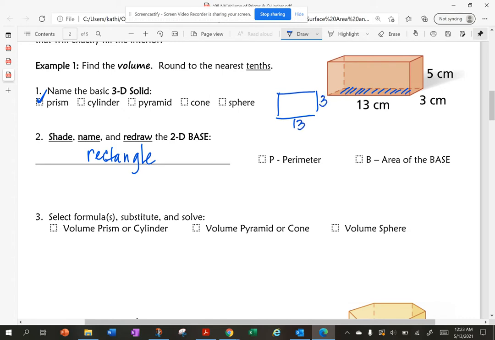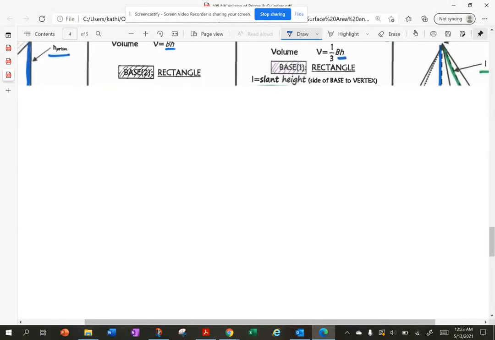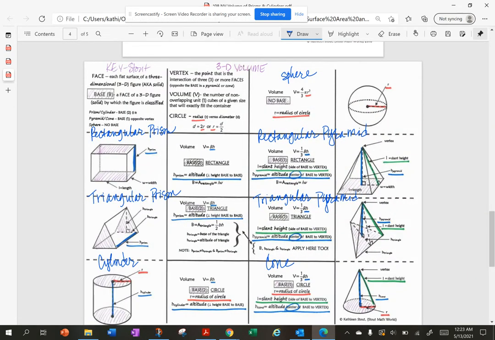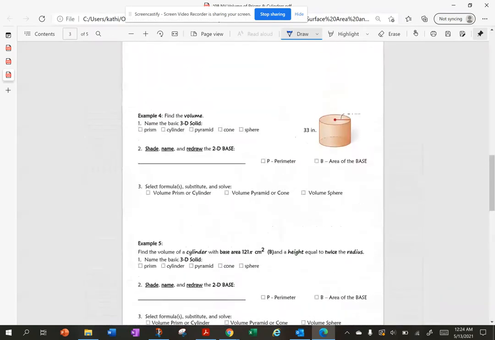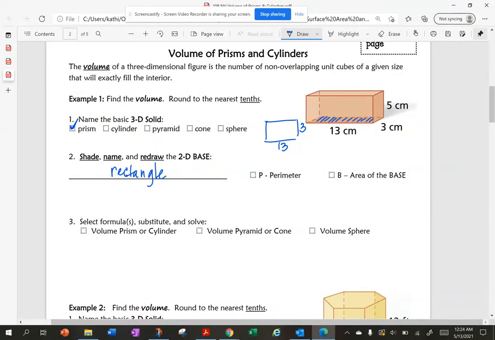And I'm going to select my formula. So for the volume of a rectangular prism, the formula is B times H, where B is the area and H is the height of the prism. So I am going to find the volume. I do not need to find the perimeter, but I do need to find the area.